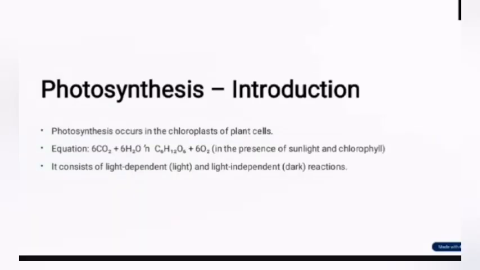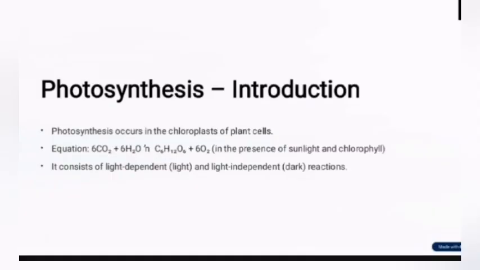Now, light dependent reaction is concerned with using what? Light energy and then processing light energy to produce ATP and another what? Electron carrier called NADPH. I'm running too fast, but stay with me, I will explain.